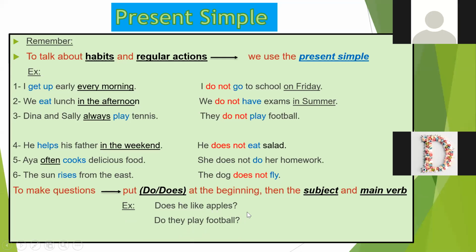Does he like apples? And here I start with do because I have the subject they. Do they play football? So I will put does with he, she, it, and I will put do with they, you, we. Let's see next page.